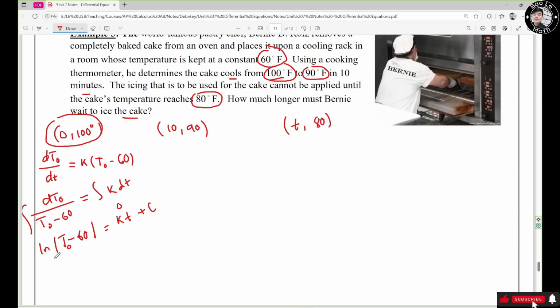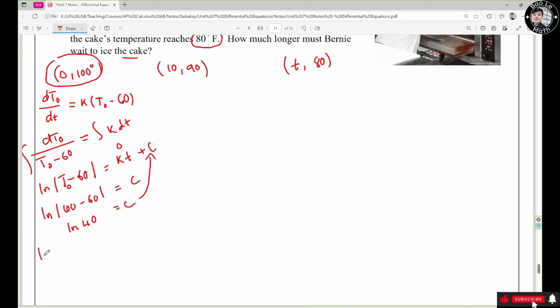So I have natural log of absolute value of 100 subtract 60 equals c. So this could be natural log of 40 equals c. I have natural log of T0 minus 60 equals k times t plus natural log of 40.